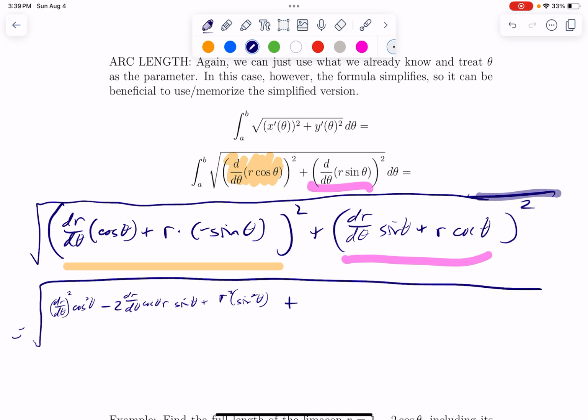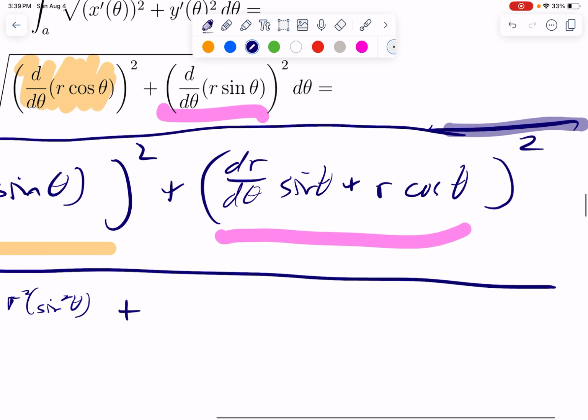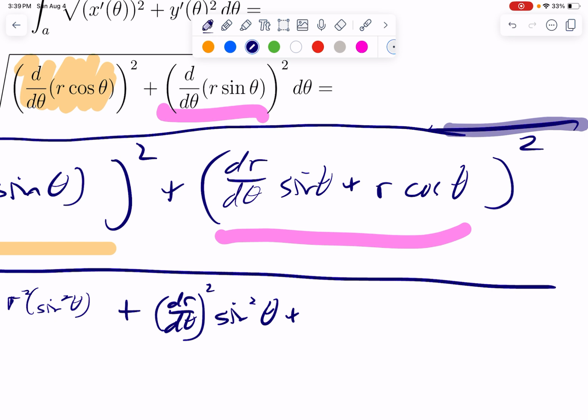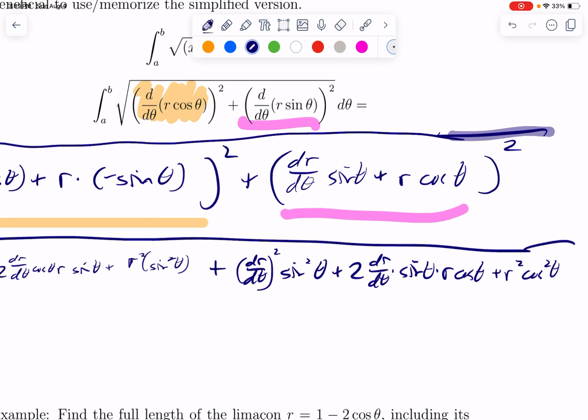Again, maybe just realize that I'm doing math, and it's going to work out really nice, right? One person does all this hard work, and then you just have to remember how it simplifies. I'll FOIL out this part. Derivative squared times sine squared. My middle term would be 2 times dr d theta times sine theta times r times cosine. And then my last one would be r squared cosine squared theta.